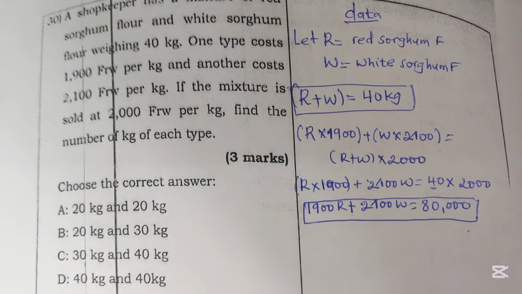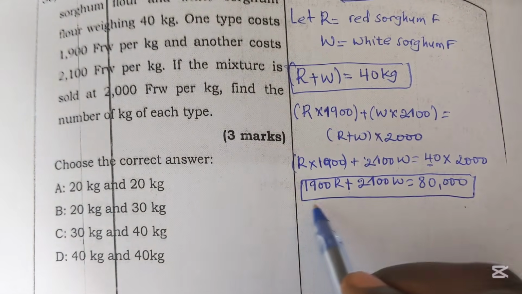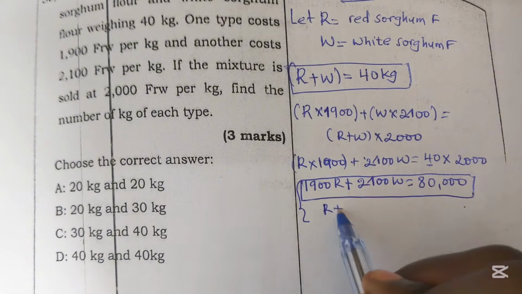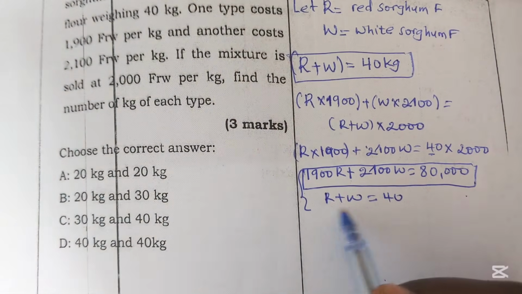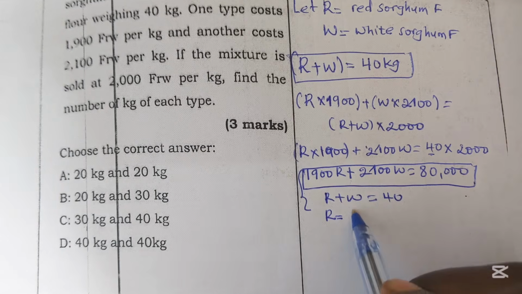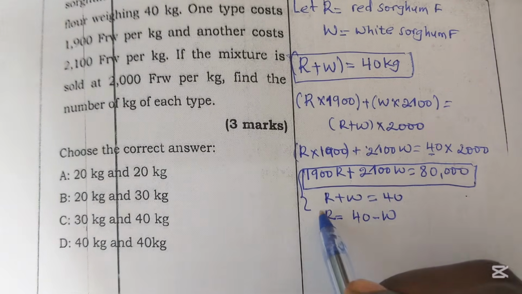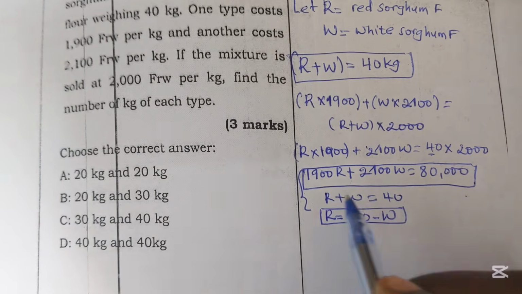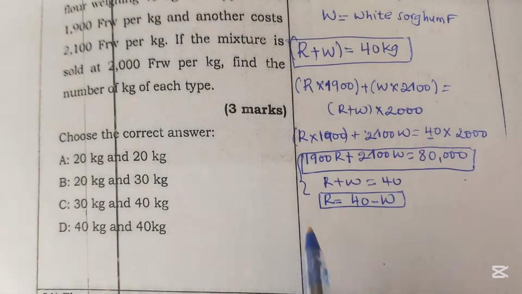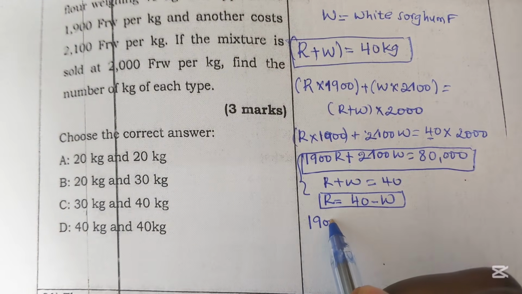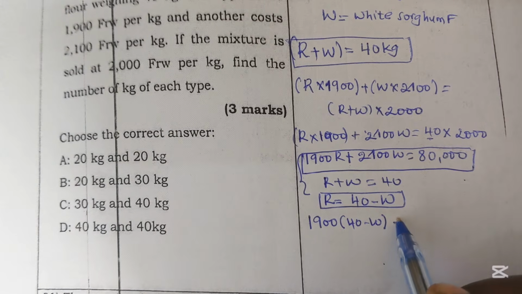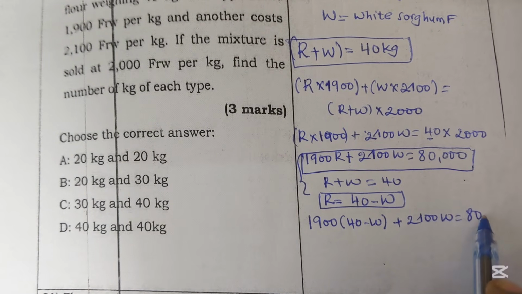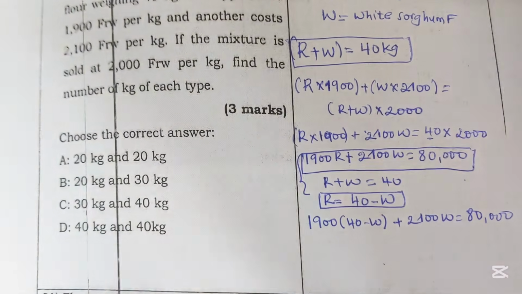We can solve them simultaneously, with R plus W equals 40. We can find the value of R, which equals 40 minus W, and replace it in this equation to get 1900 times (40 minus W) plus 2100 W equals 80,000.